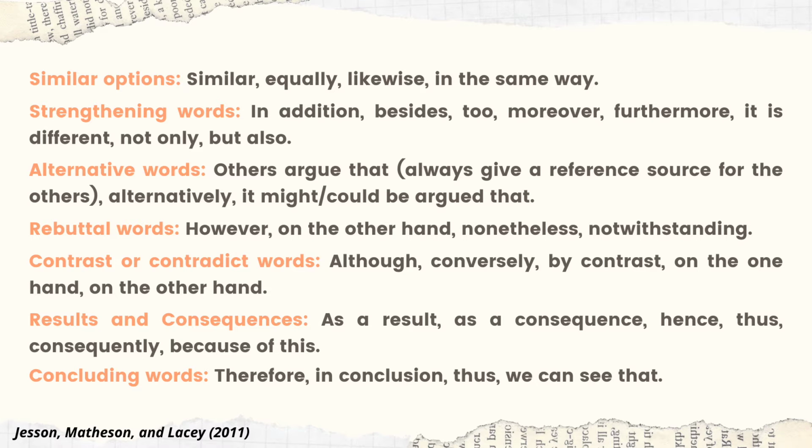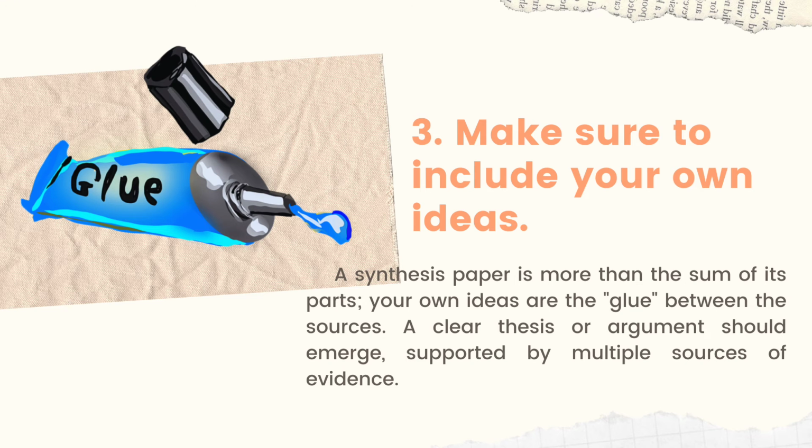Linking or signaling verbs are used to explicitly tie sources together in different ways. If you don't use linking verbs in your paper, you are likely not synthesizing. Third, make sure to include your own ideas. A synthesis paper is more than the sum of its parts. Your own ideas are the glue between the sources.